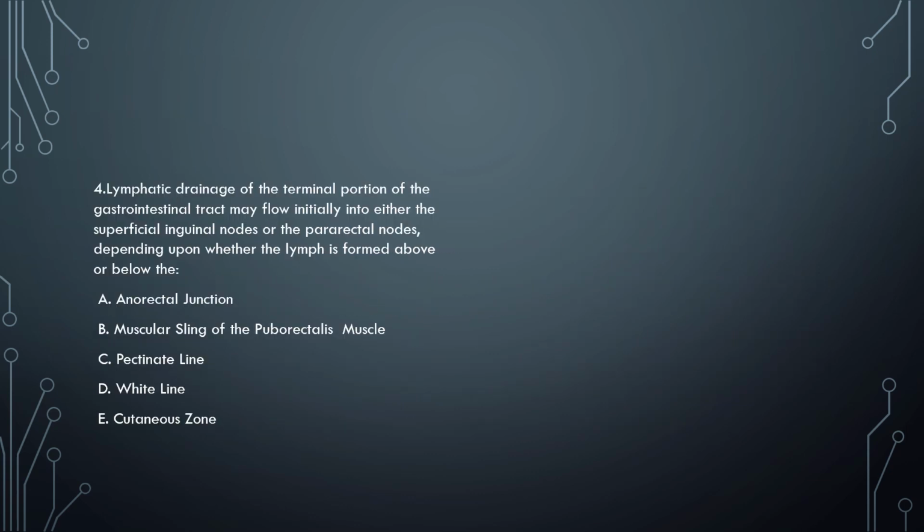Let's go to the 4th question. Lymphatic drainage of the terminal portion of the gastrointestinal tract may flow initially into either superficial inguinal nodes or pararectal nodes, depending upon whether the lymph is formed above or below the anorectal junction, muscular sling of puborectalis muscle, pectinate line, white line, or cutaneous zone.